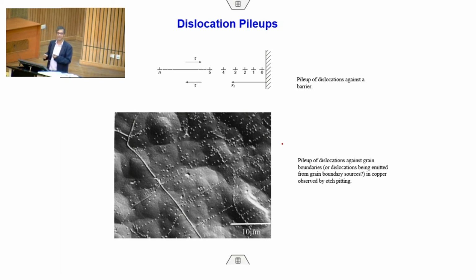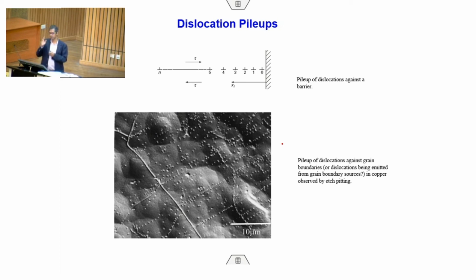That is not easy at normal temperatures. That happens only at high temperature, when a dislocation can climb over these kinds of obstacles, just like in hurdle races, where the person jumps over each hurdle and moves. That is possible for dislocations at high temperature, not at normal temperatures.